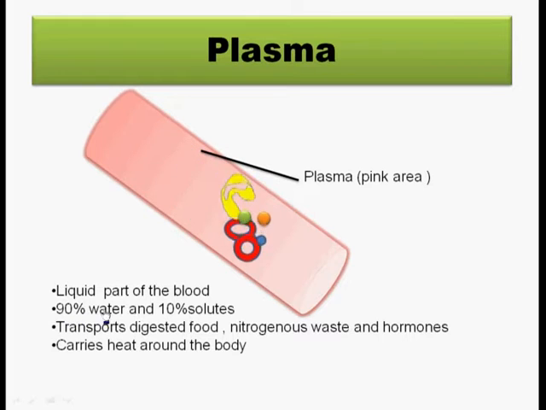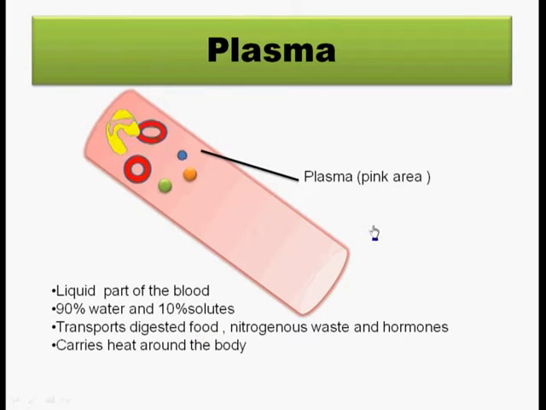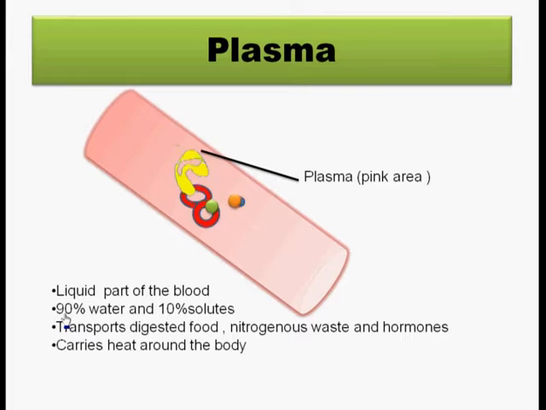Now, the liquid part of the blood is plasma, and 90% of it is water, and 10% is what? Solutes. One of the characteristics of water is to dissolve things.